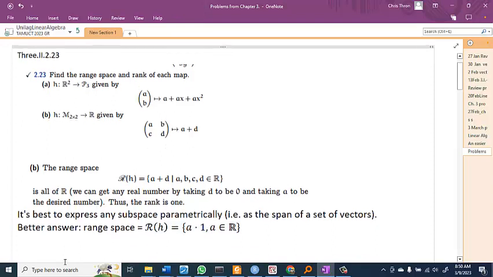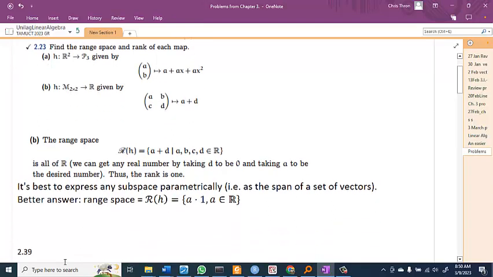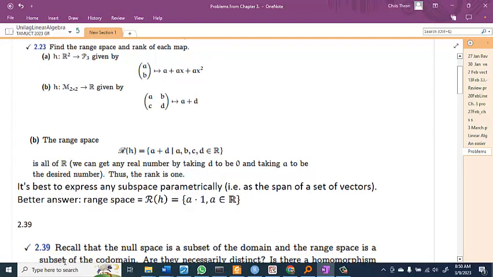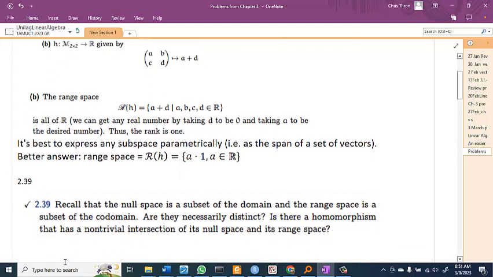Because 1 is a vector in R. Okay. So, try to express your subspaces or range spaces or null spaces in terms of linear combination of vectors. Notice that null space and nullity are not the same thing. Nullity is the dimension, null space is the space. Okay, so those are two different things.